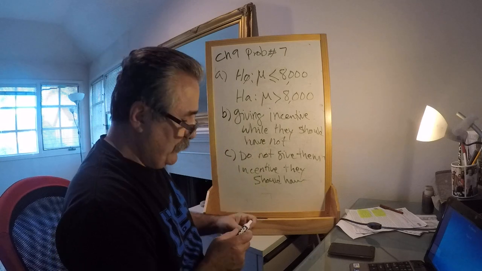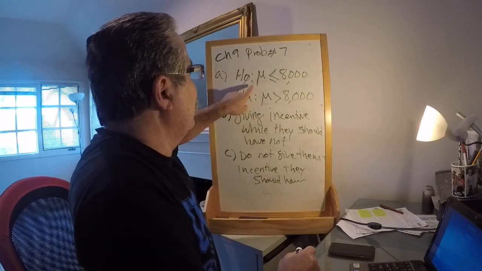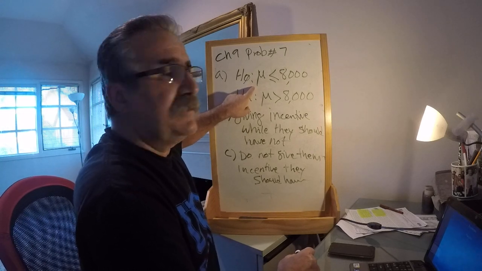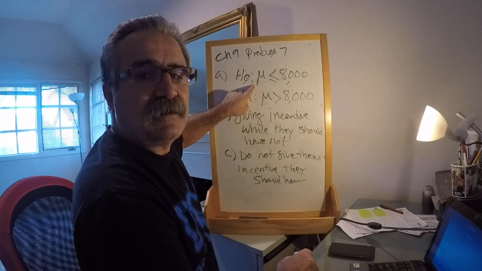For type 2 error, Steve comes to the conclusion to accept H0, but it is false.